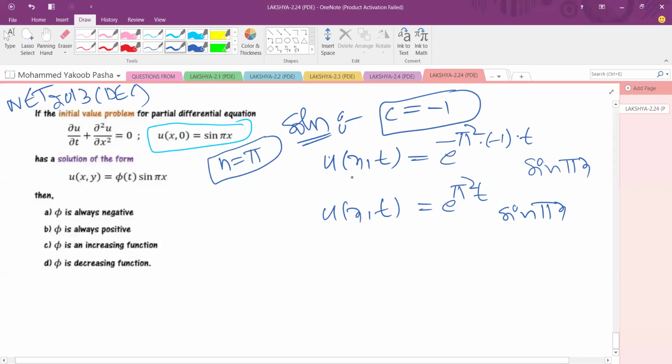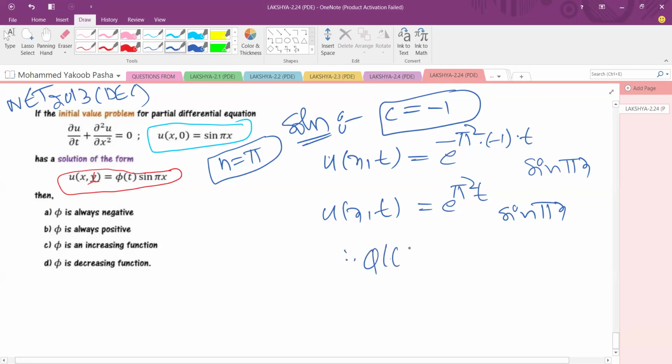And the solution of the given heat equation is given as u(x,t) = φ(t) sin πx. So compare that with our equation. What is the value of φ(t) here?